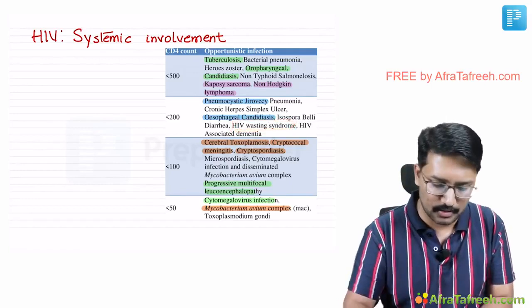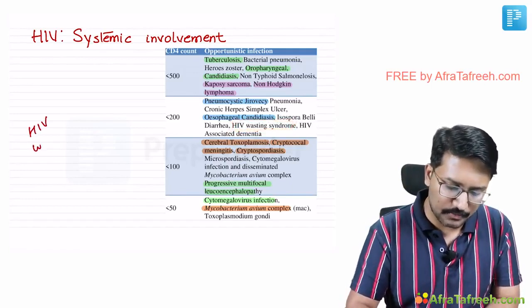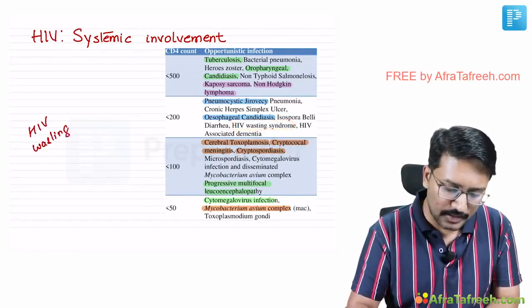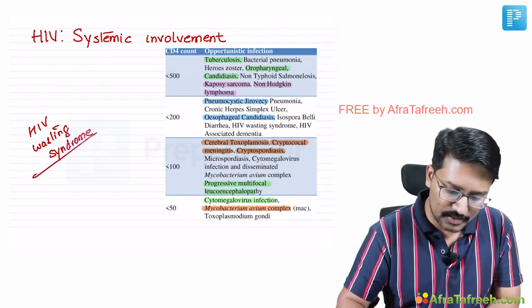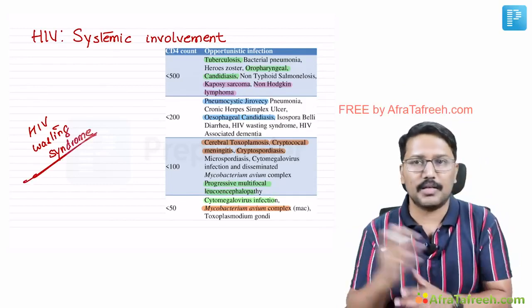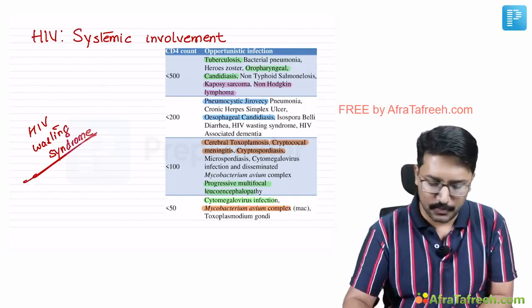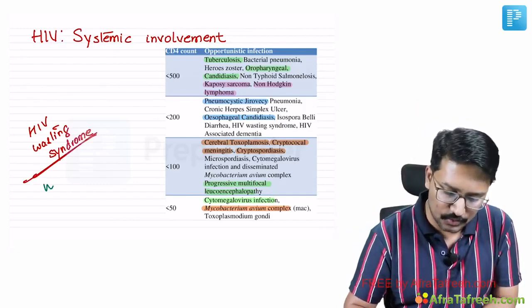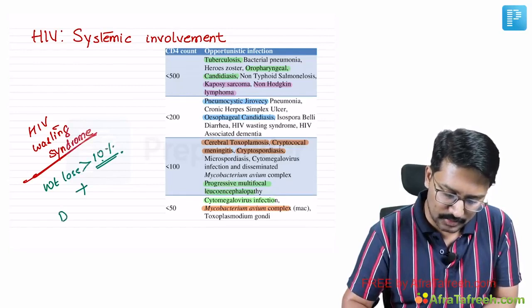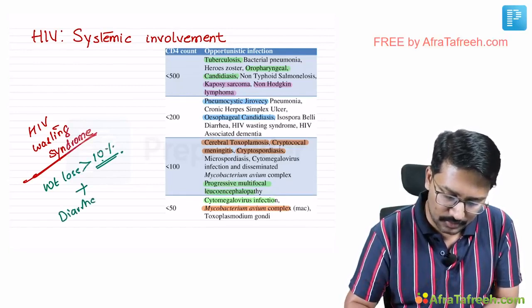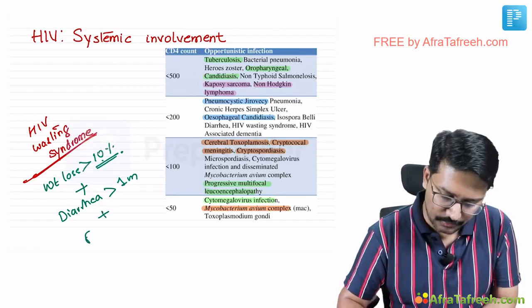I think this is a point you need to remember. HIV wasting syndrome, according to WHO, is a stage 4 HIV infection. It can be considered an AIDS defining illness, right? So what is happening here? The patient is having unintentional weight loss of more than 10%, plus diarrhea for more than 1 month, plus fever for more than 1 month.